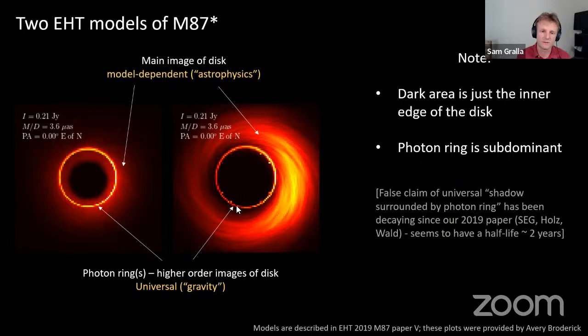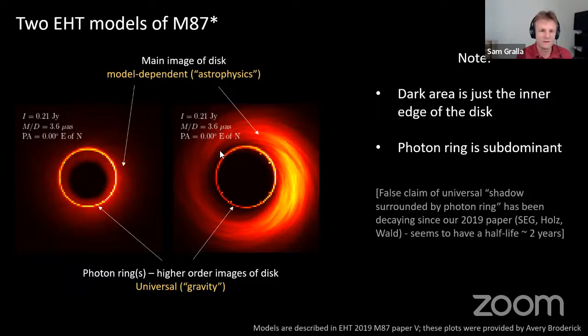So this photon ring here is a feature that really depends on the gravity. I'm going to explain the basic physics of it more in the talk. I didn't invent it. It predates me by many years. But the dark area is totally distinct from that.